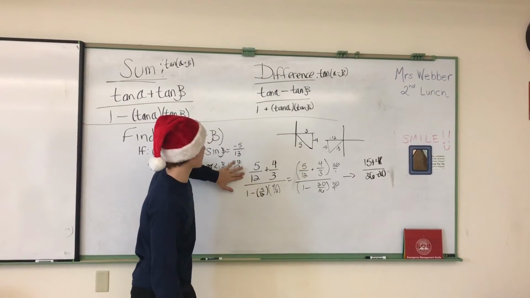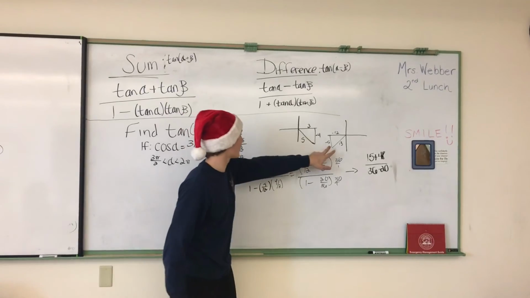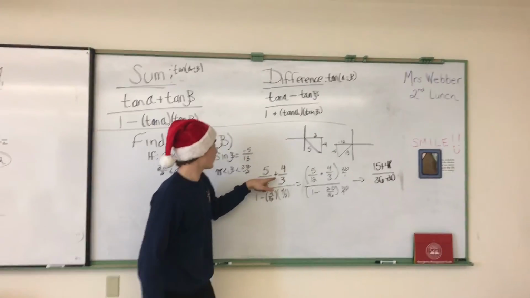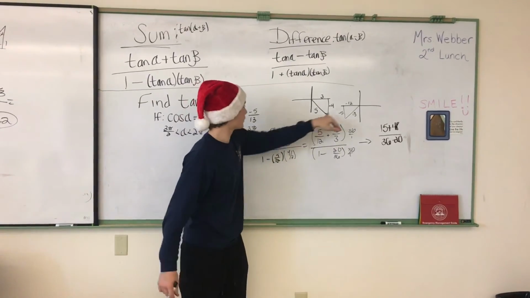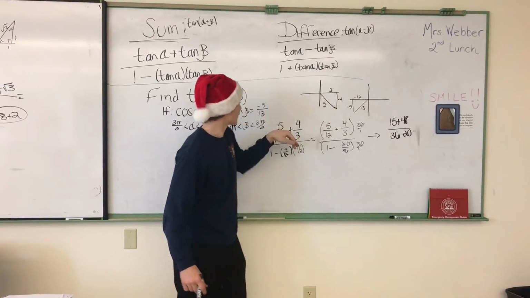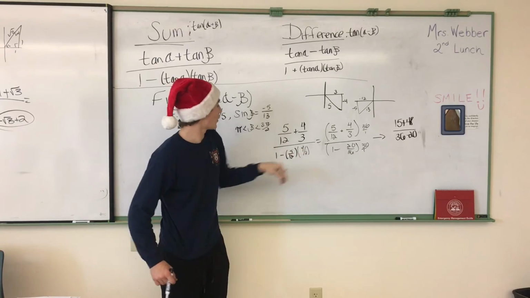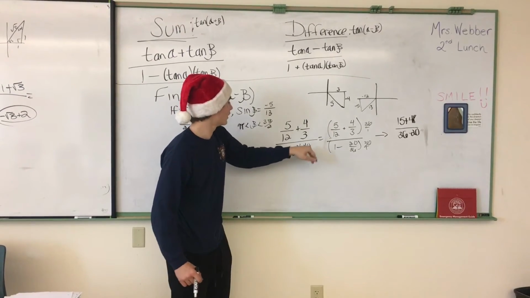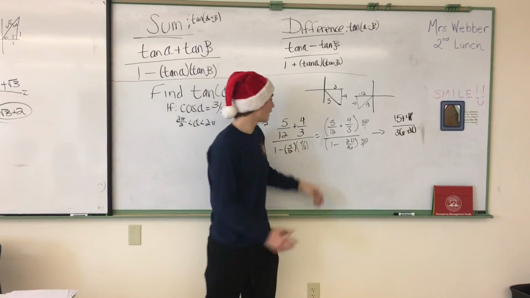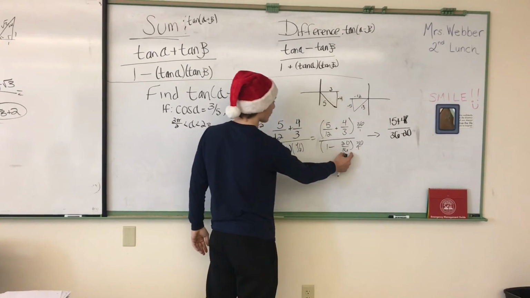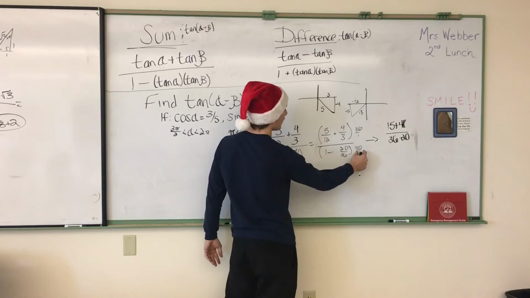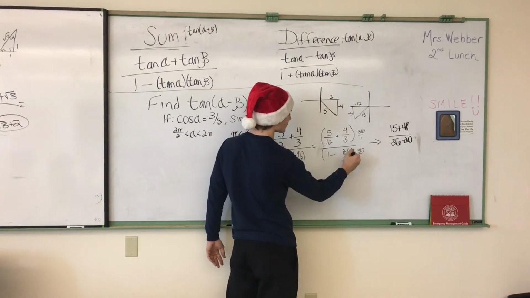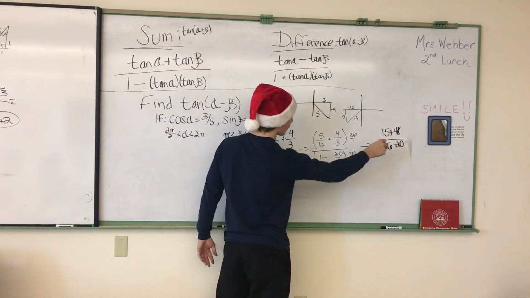So we just plugged in the tangent of beta, which we got by going 5 over 12, and we subtracted the tangent of alpha, which was negative 4 over 3, and then you do it over 1 minus 5 over 12 times 4 over 3, which is the same thing. And then here, you find the product of this, which is 20 over 36, and then you multiply it by 36, which cancels these out, and you get 36 minus 20 on the bottom.